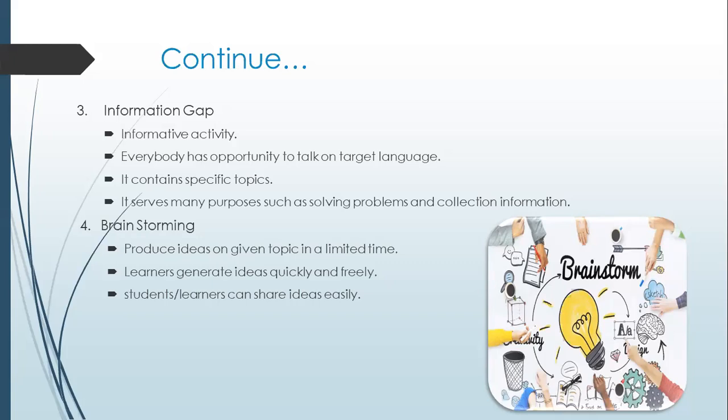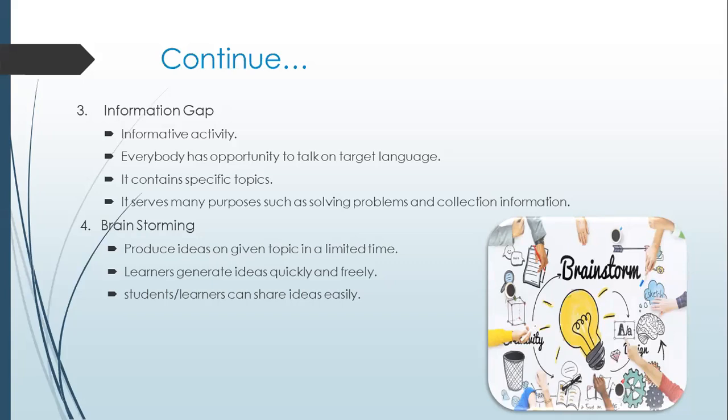Fourth, it serves many purposes such as solving problems and collecting information. It means that information gap is used for any topic. When we talk about any topic, we collect many ideas, and we get a solution or conclusion.